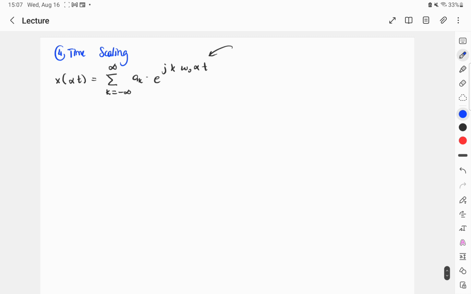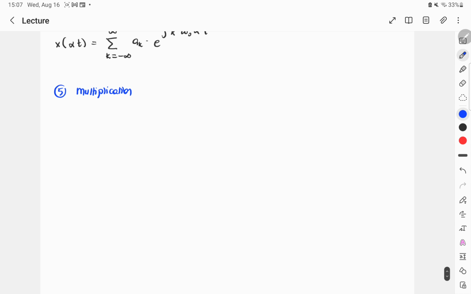Now let us move on to the next property, which is multiplication. Let me write it multiplication. Now in multiplication, let me write directly the formula, as the derivation part is really long.